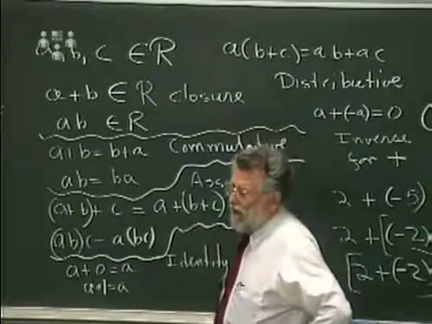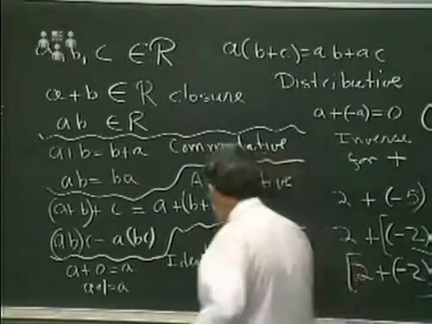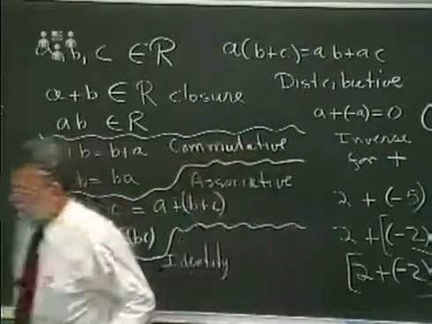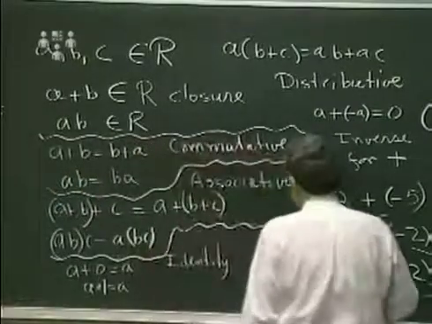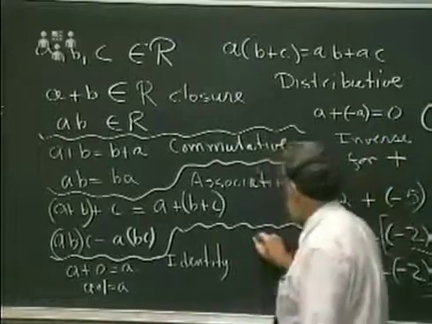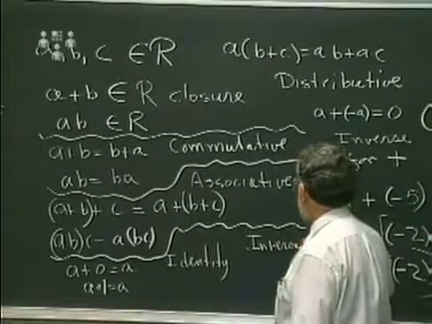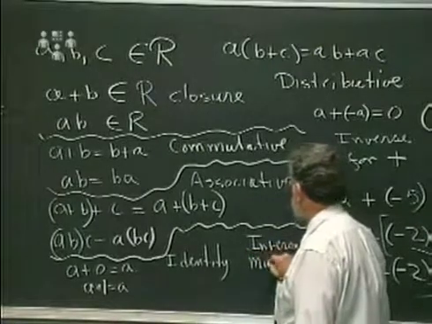I haven't given you the second inverse for multiplication as a property here, but what it is, we might as well go a bonus point on the extra credit. This is for Emily. The inverse for multiplication.